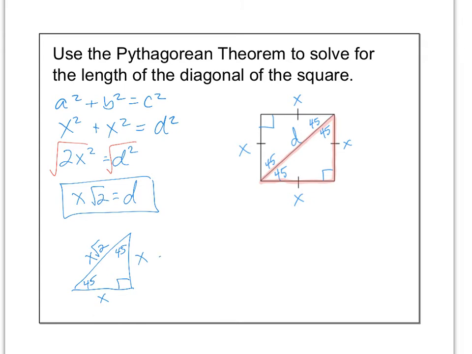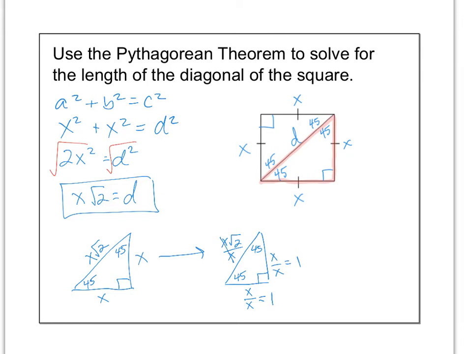All of these sides have at least an x in common, so I want you to think about if we have a 45-45-90 triangle and all of the sides have an x in them, what if we divided them all by x? As long as we do it to all the sides, it should be okay. It should still be in balance. And x divided by x is 1, so the ratio of the legs is 1 to 1.